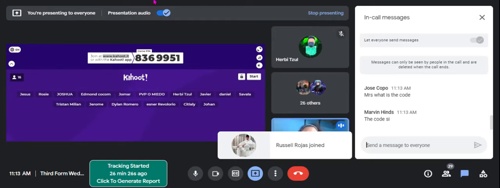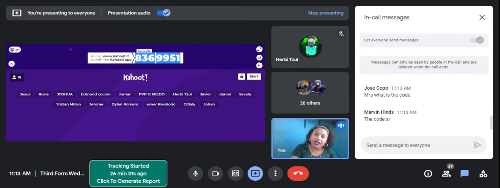The code is right there on top of the screen, guys. 8369951. That's the code.